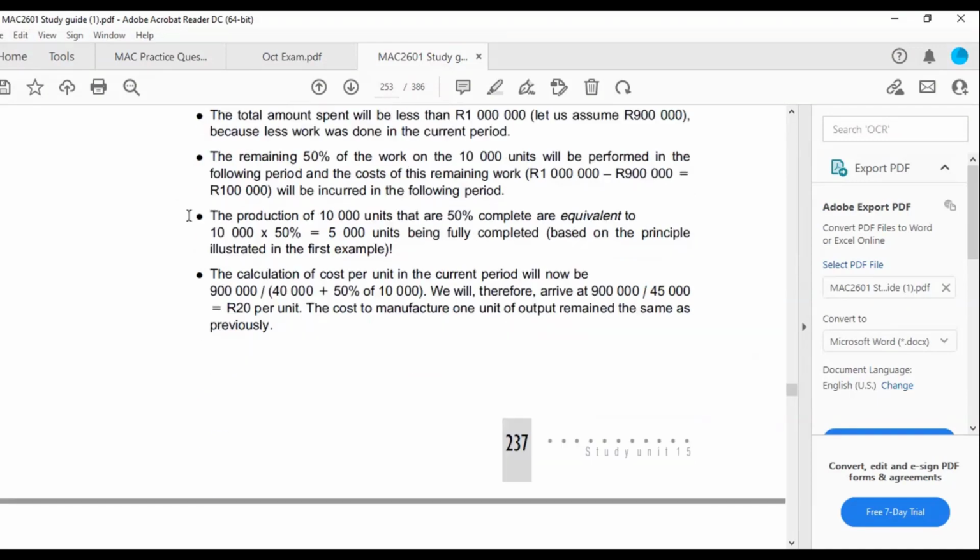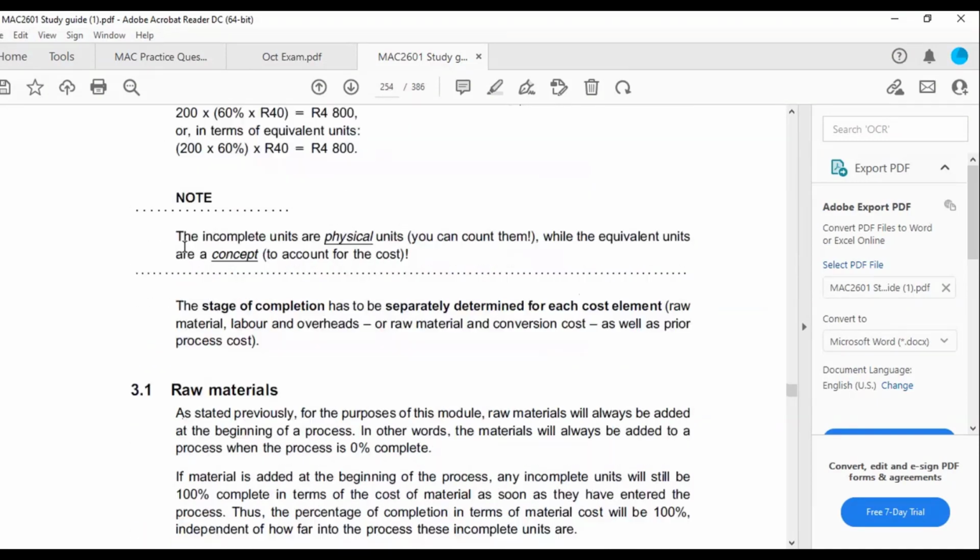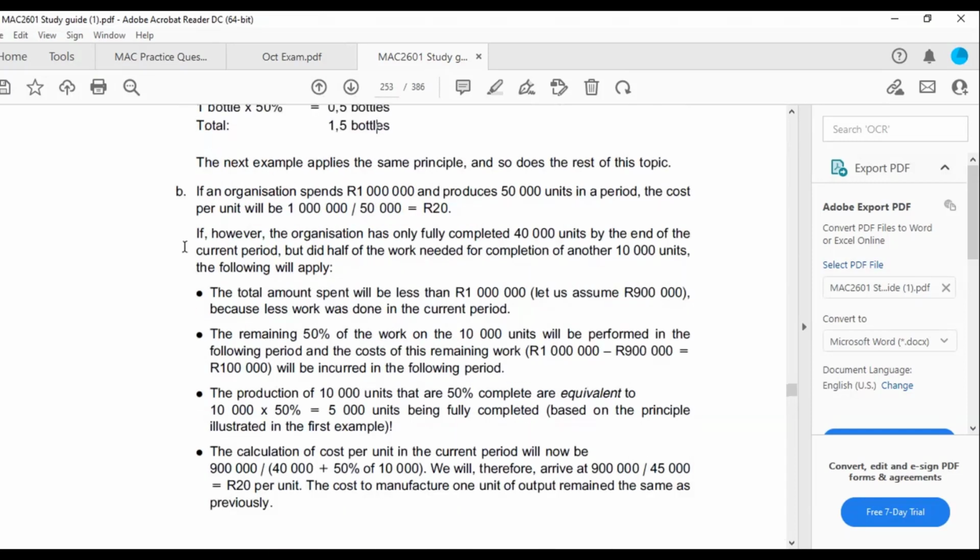Let me do another example, until we get it right. If an organization spends 1 million and produces 50,000 units in a period, the cost per unit is straightforward. It's 1 million over those 50,000 units, so you get 20 Rand.